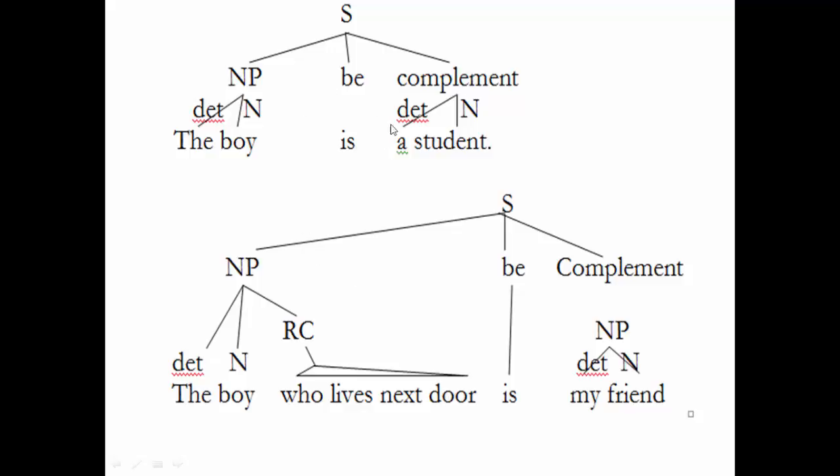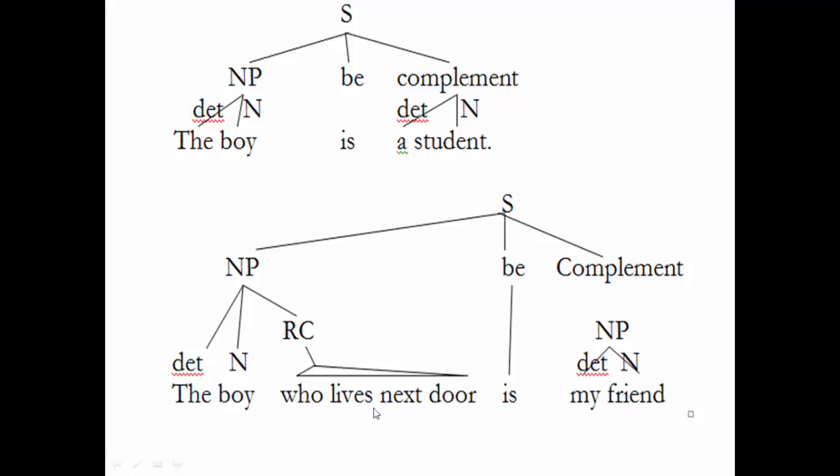And from this simple sentence, you can even construct a more complex sentence with a relative clause. For example, this sentence, the boy who lives next door is my friend, can be divided into the boy, which is a noun phrase, but this boy is also being modified by who lives next door, which is the relative clause or the adjective clause for the boy.